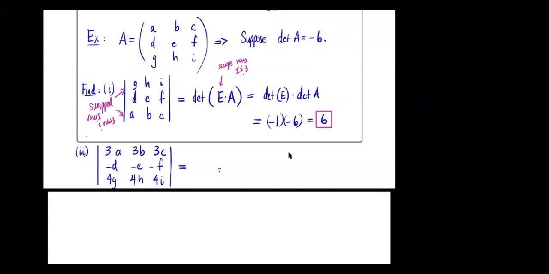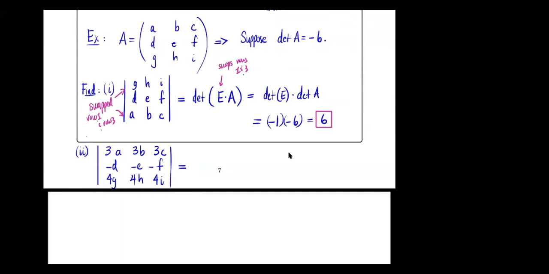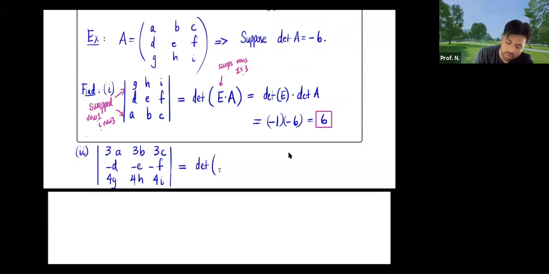Scalar multiplication. Right. And how many scalar multiplications have I done? 3 of them. So then I can consider this as the determinant of E3, E2, E1 multiplied by A. Now what does E1 represent? A scalar multiple, right? Multiply row 1 by 3.